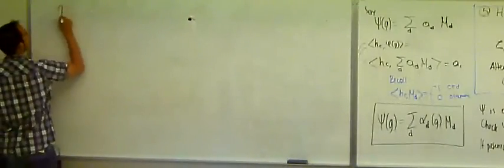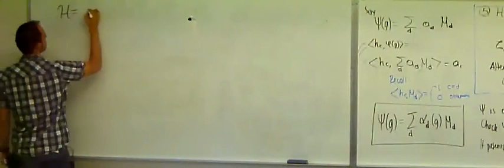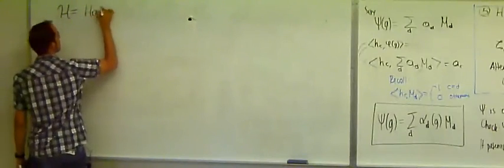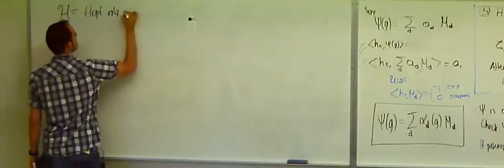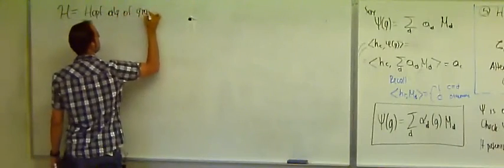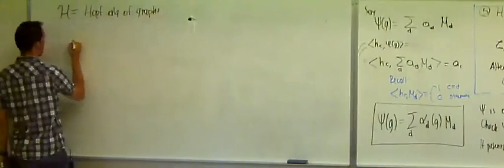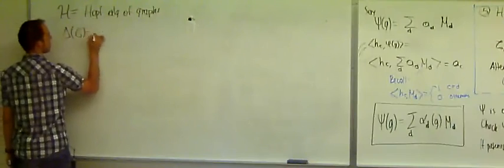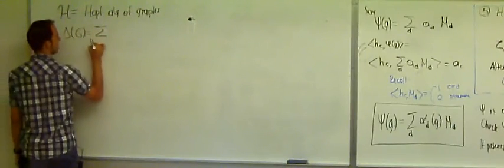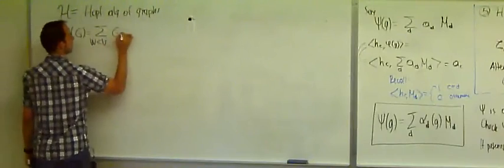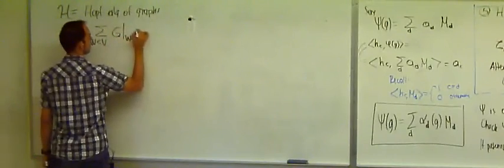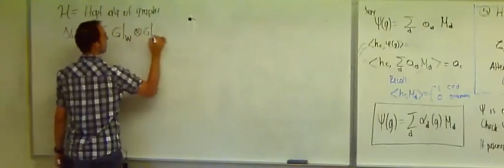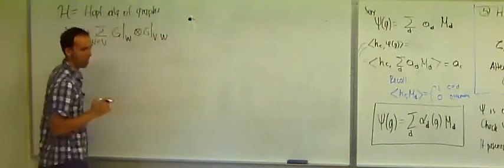Hopf algebra of graphs. But I want the co-commutative one that I just considered, where delta of G is the sum over the subsets W of the vertices of G, G restricted to W tensor G restricted to V minus W. Okay.